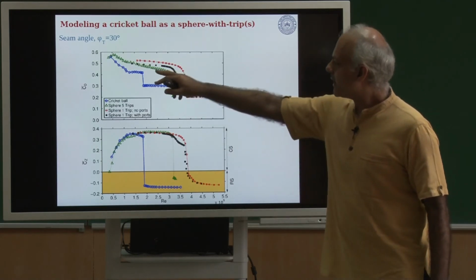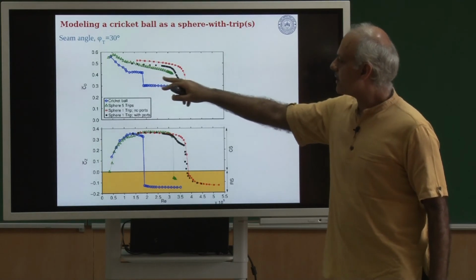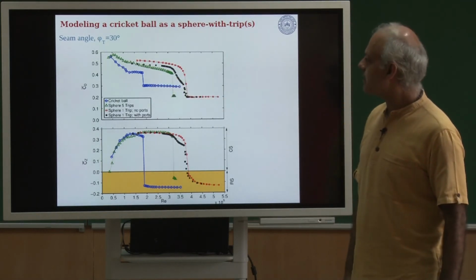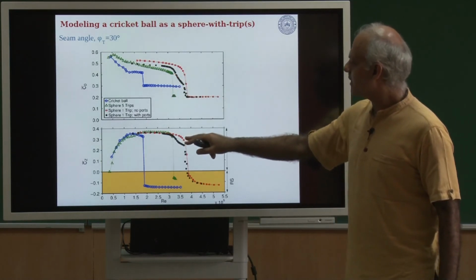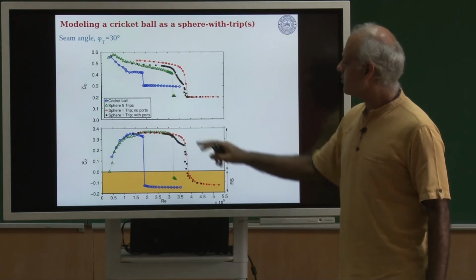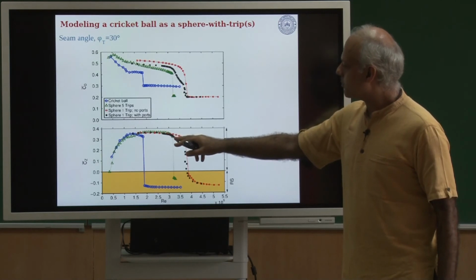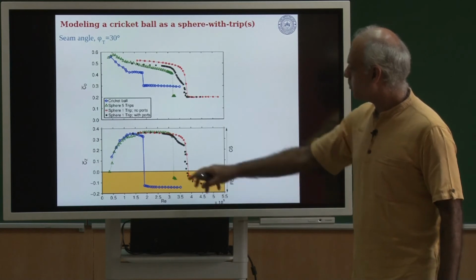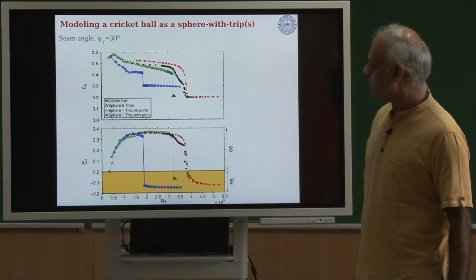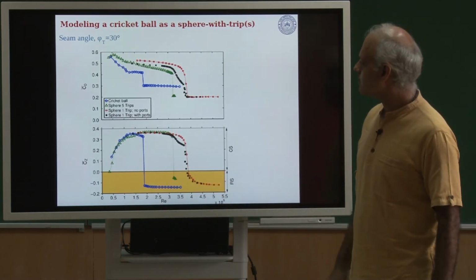Because it has a smooth surface, the transition takes place at a higher speed, and as expected, if you look at the green curve, it swings up to a much higher speed, and the reverse swing takes place probably beyond what a bowler would be able to achieve.